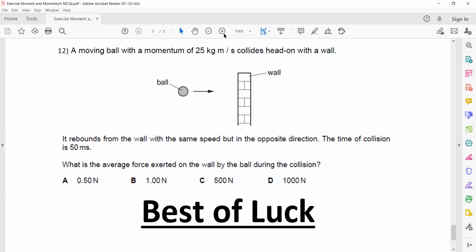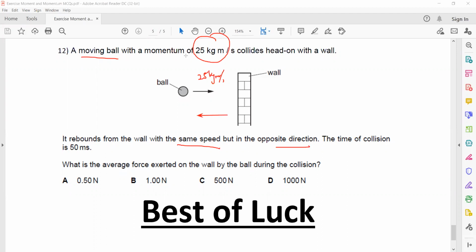And the last question: a moving ball having a momentum of 25 kilogram meter per second collides head on with a wall and it rebounds with the same speed but in the opposite direction.